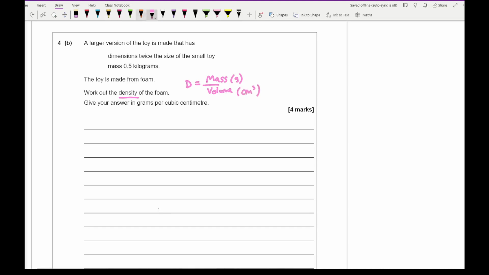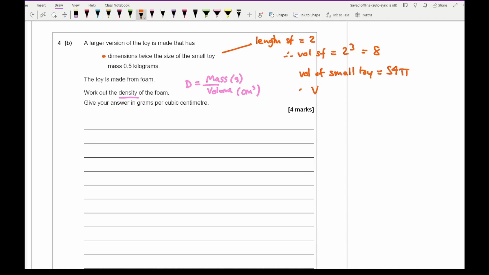Now, in terms of this information here, I know that the length scale factor is 2, so that means the volume scale factor is going to be 2 cubed, which is 8. Now the volume of the small toy was 54 pi.